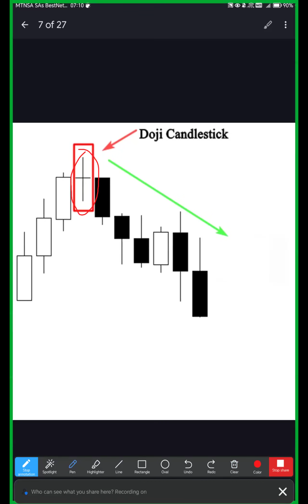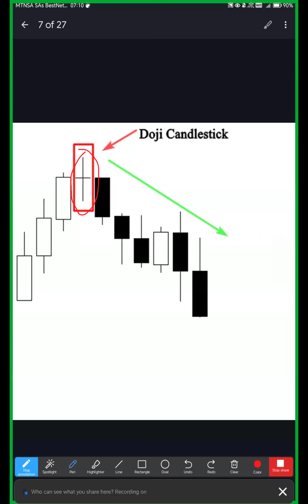So don't forget the two things I have told you: the Doji candlestick chart pattern indicates indecision in the market as well as equality in the market.